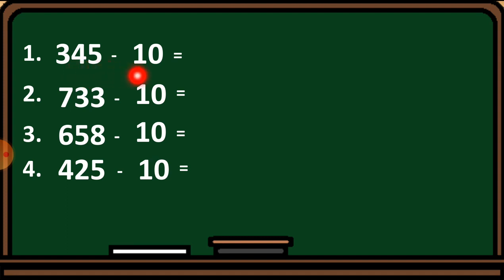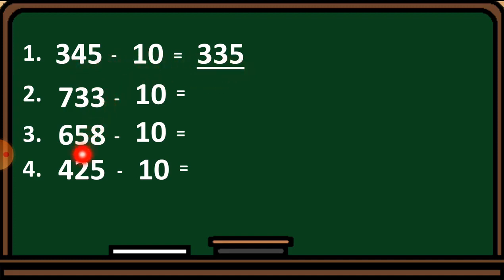So we have to cut 10 from this 345, and the shortcut method is you have to cut one from this 4. Let's see the answer. If we cut one from this 4, we get 3. And if you cut 10 from this 345, you get 335.